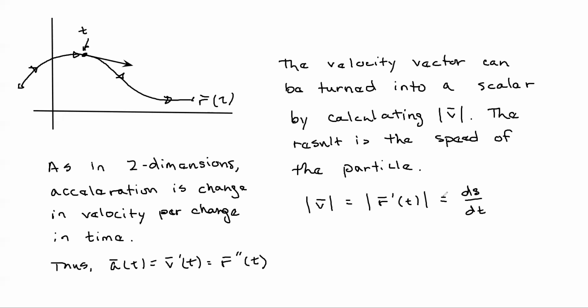Okay, so let's do an example so we can see how this works. Let's suppose that we are given the position function for a particle, and it is equal to 3t squared i plus 7t j plus the natural log of t k.